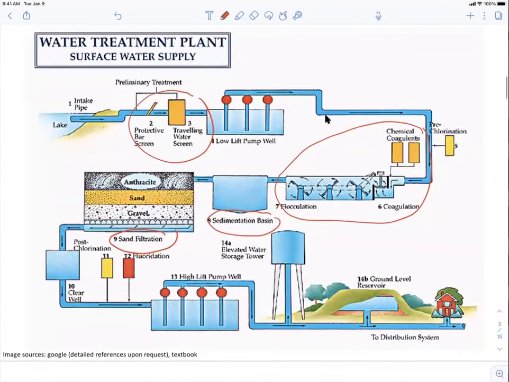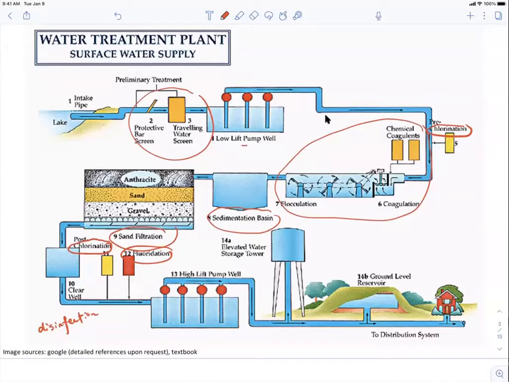All right. So one of the things that we have not covered are the chlorination, right? Basically, the chlorination is for disinfection. Right? And the fluoridation, this is for protecting the teeth of the residents, right? And then we didn't cover the pump.